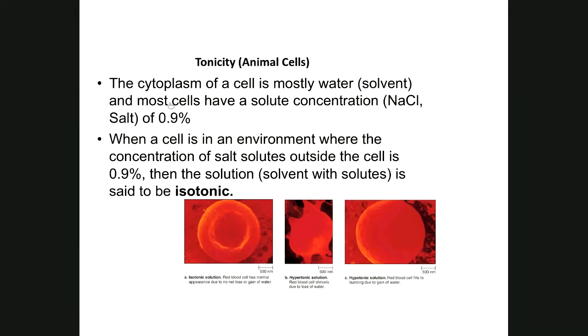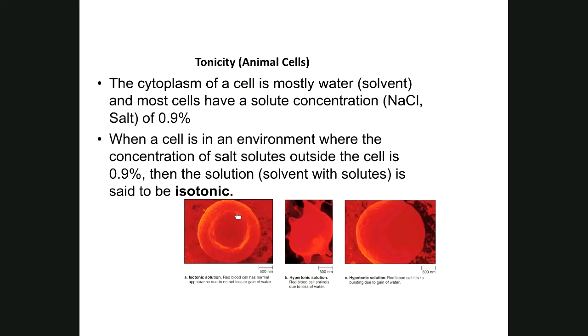Okay, now here we have a picture of some red blood cells that have been exposed to different levels of tonicity. And a red blood cell, you know, is hollow in the center. Red blood cells do not have nuclei. They've replaced the nuclei with hemoglobin, which allows them to capture lots of oxygen.